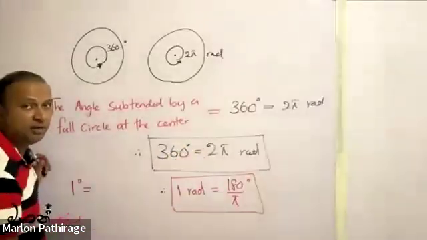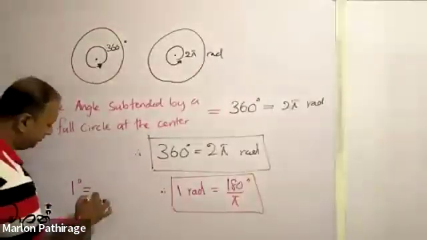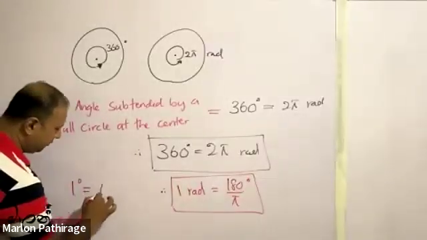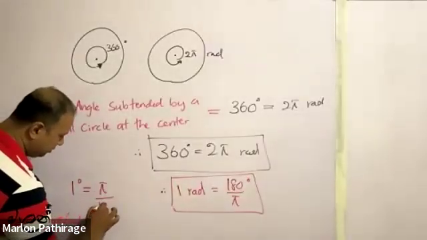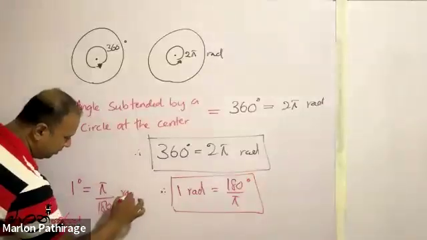The equation can be divided by 2, so this is equal to π over 180 radian.